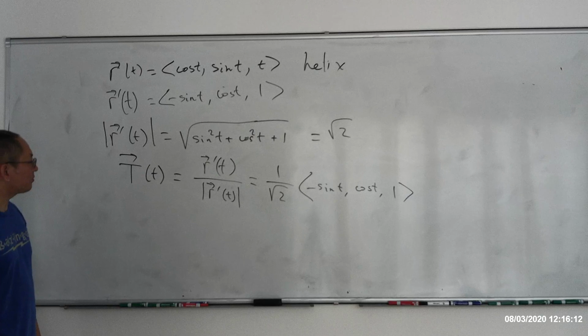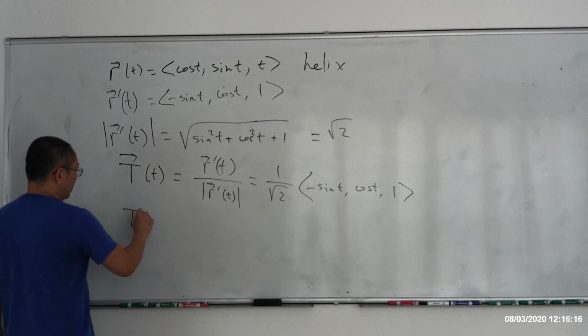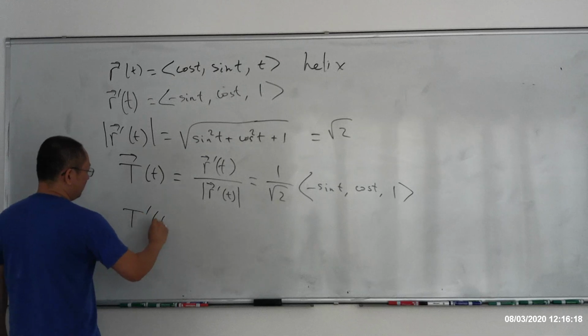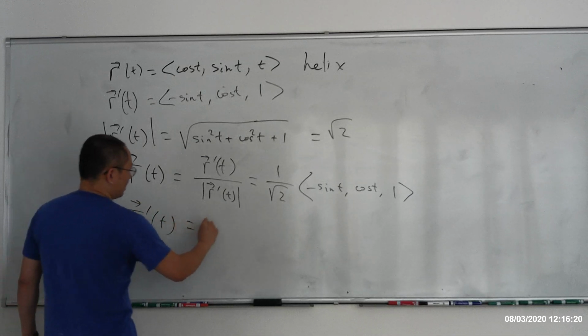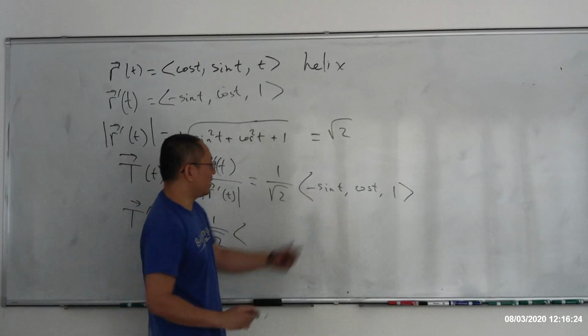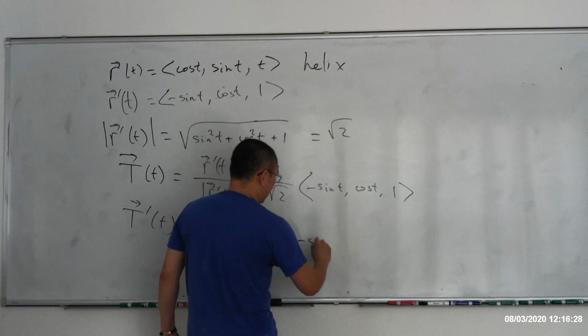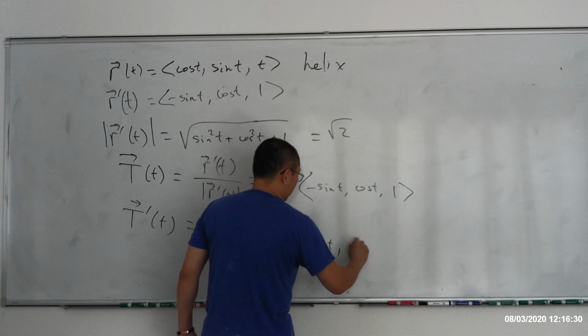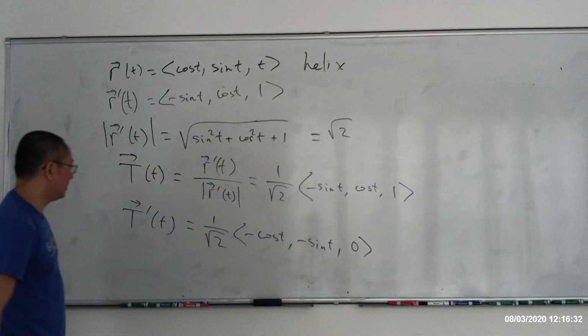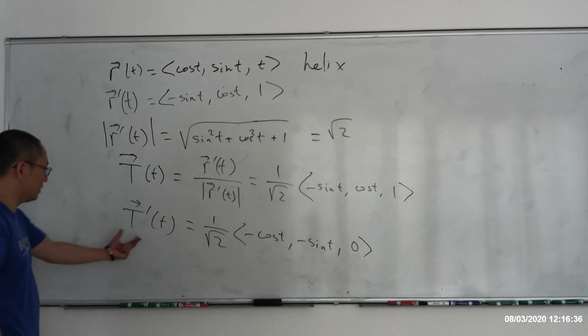Now you have the tangent vector. Can you calculate the derivative of this? T prime is 1 over square root of 2, a constant, which I'll leave out there. The derivative of negative sine is negative cosine. The derivative of cosine is negative sine. The derivative of 1 is 0. And this is the derivative of the unit tangent vector.